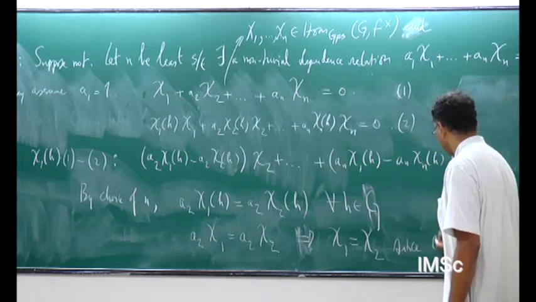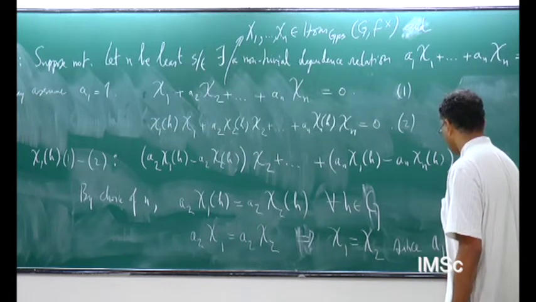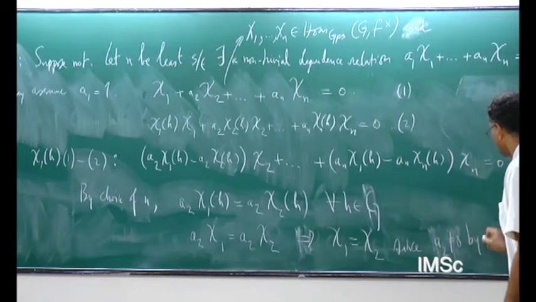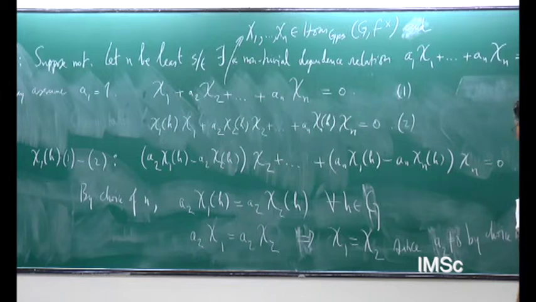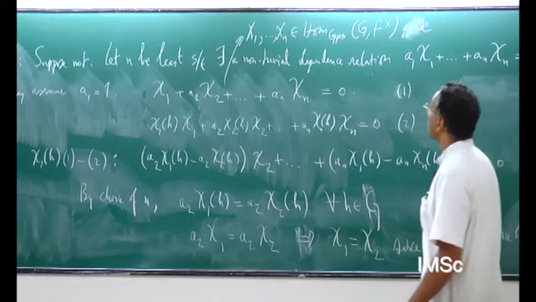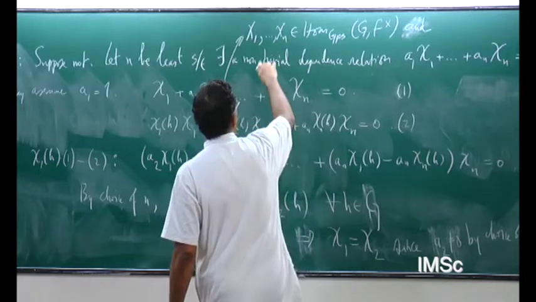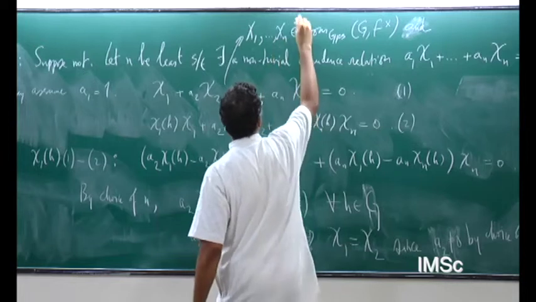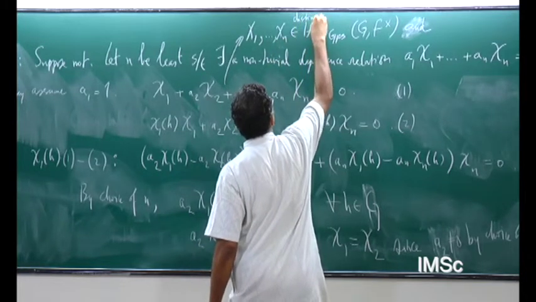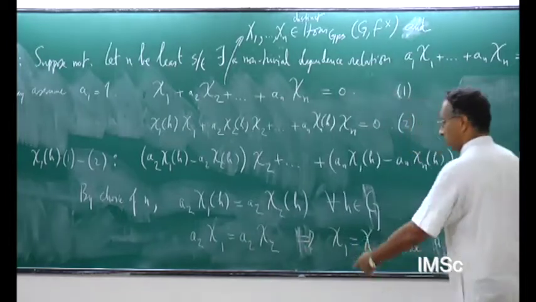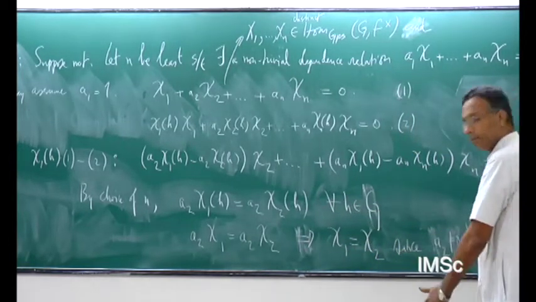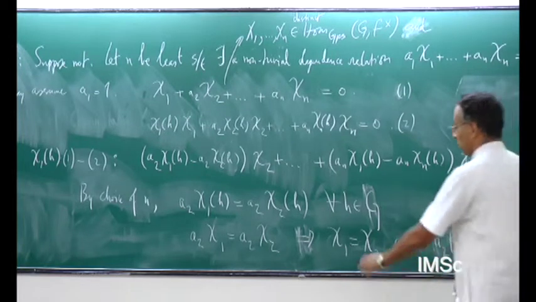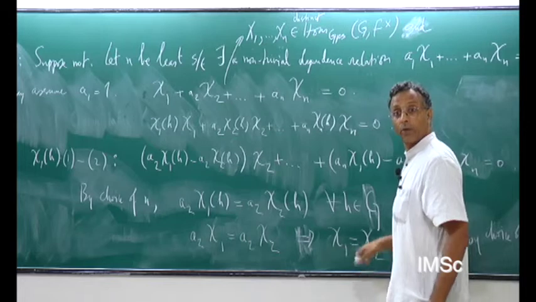Let us take these to be distinct. I am assuming these to be distinct, and because I've assumed them distinct, now I get chi1 equal to chi2, which is a contradiction.